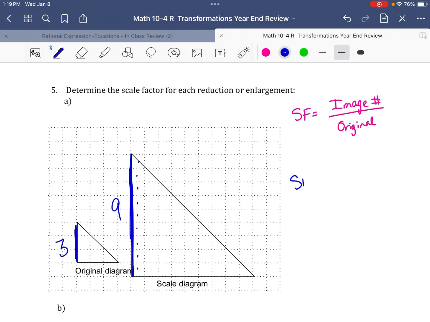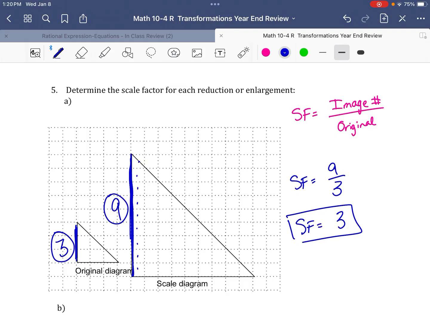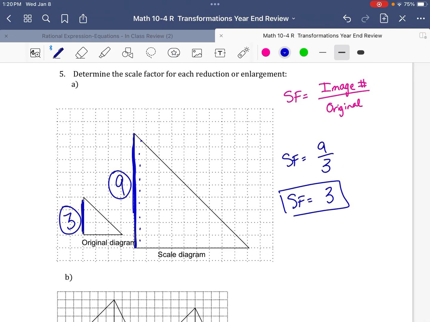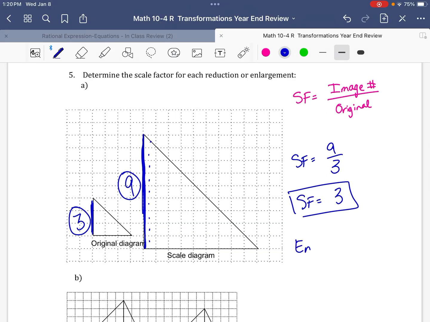So our scale factor is going to be the image number, which is 9, divided by the original number, which is 3. So the scale factor is 3, because 9 divided by 3 is 3. That means the new thing is 3 times as big as the original. And this would be an enlargement.